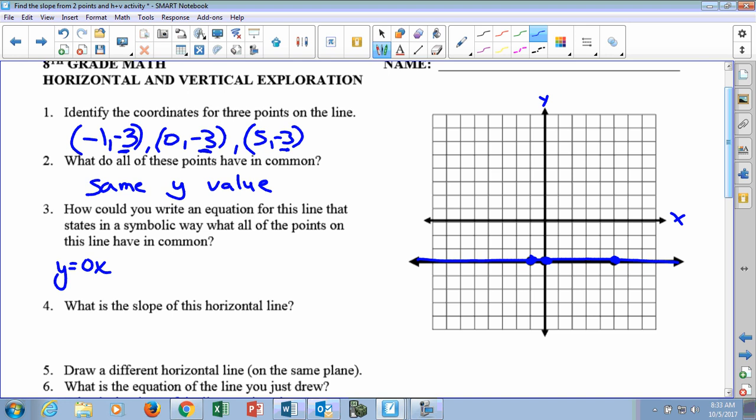At 0, -3, right? So the b is -3. So why don't we write that as our equation? Why would that be wrong? Owen, we don't need the 0x, so we should just write what? No, we don't write x. y equals -3. And that's our equation for the line.